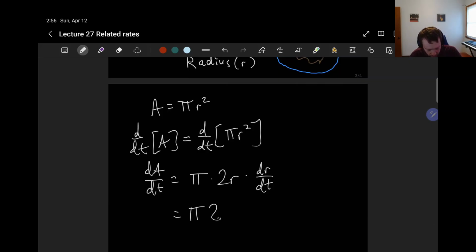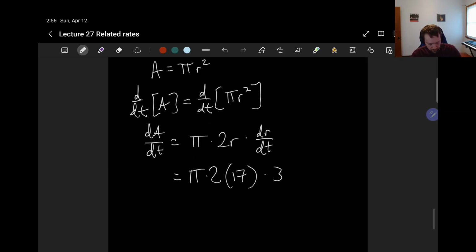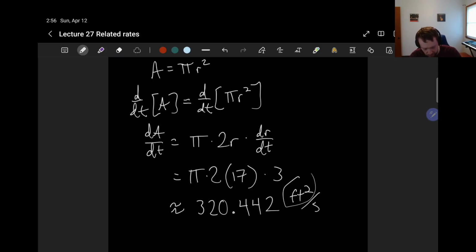So plug in: r is 17 feet. Radius is increasing at 3 feet per second. And so now we multiply this out, we'll need an approximation. We'll do 3 decimal places. Should get 320.442. And the units would be feet squared per second. Feet squared is area, and seconds is time.